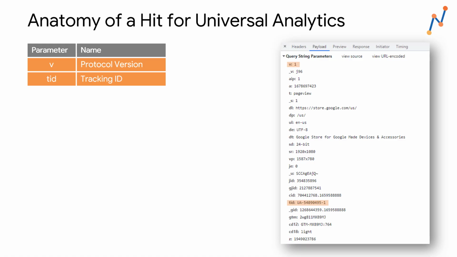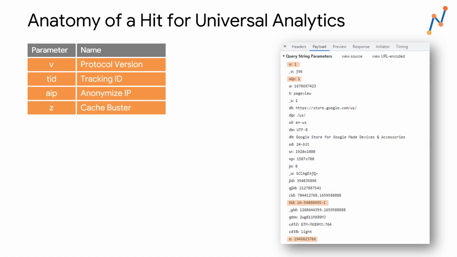This is specified in the parameter aip. And the cache buster is represented by the parameter z and is used to send a random number in GET requests to ensure browsers and proxies don't cache the hits. These first 4 parameters send general information to Universal Analytics.